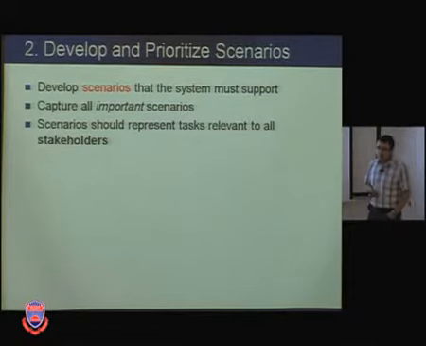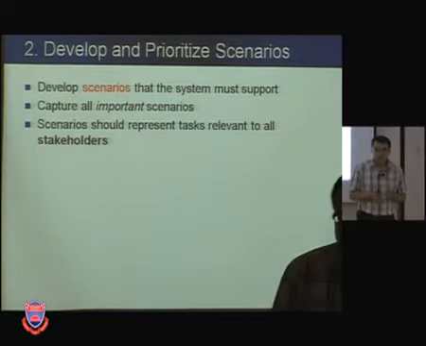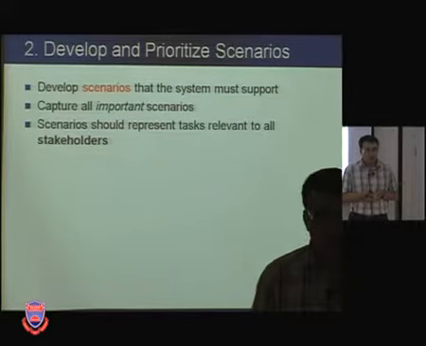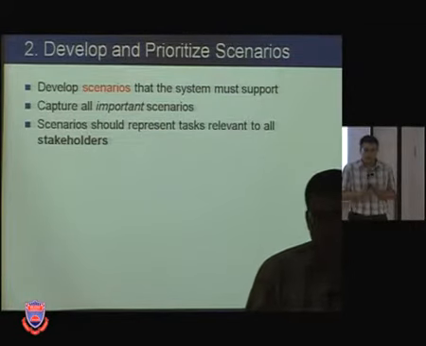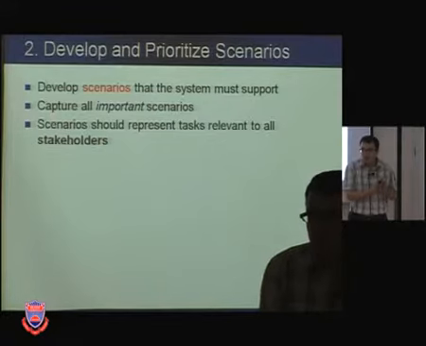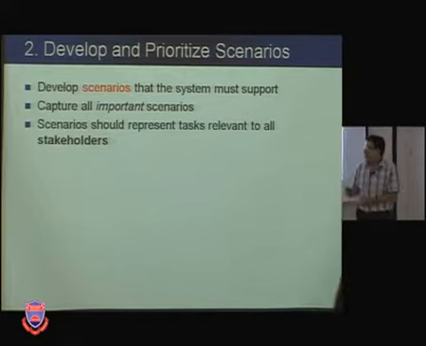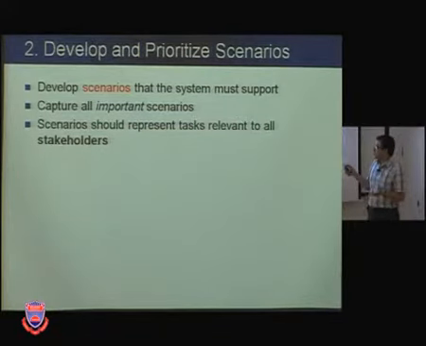Okay? This is an important step here. If you would miss some scenarios, then the evaluation would not be really sound or valid, because you would have missed some important issues that you had to evaluate. Okay? So we try to define as best as possible, to derive the important scenarios and not miss any.